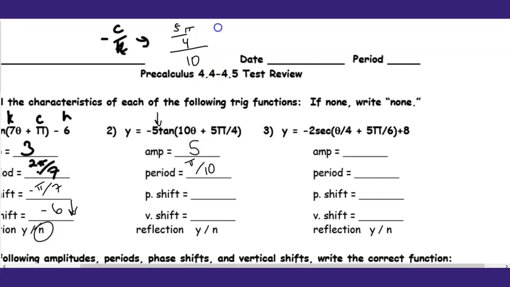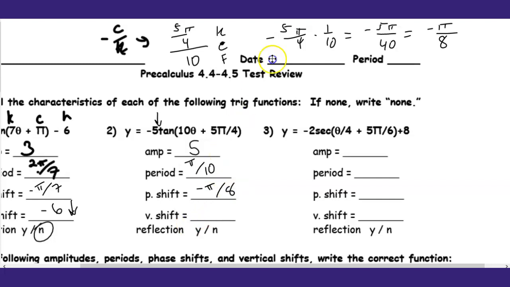We change this to multiplication and flip the bottom. So we have 5 pi over 4, don't forget your negative, times 1 over 10, which gives me negative 5 pi over 40, which reduces to negative pi over 8.